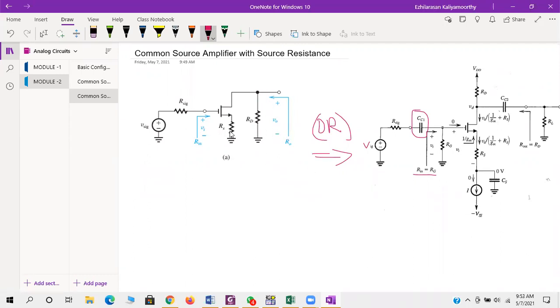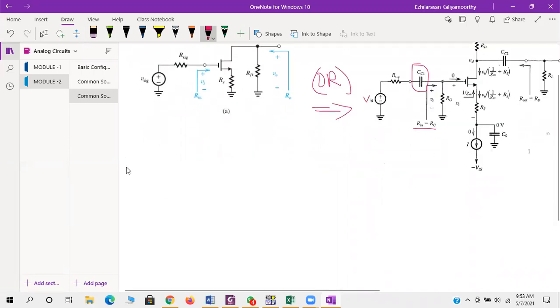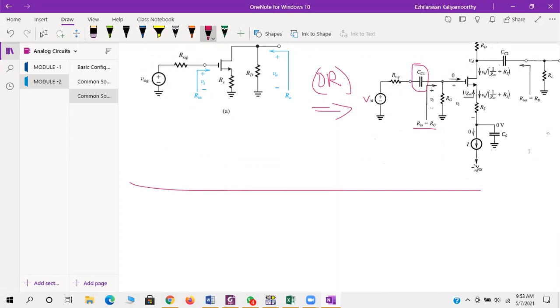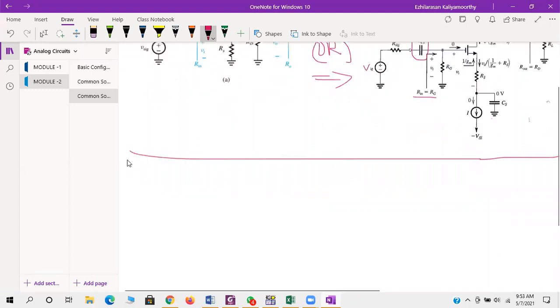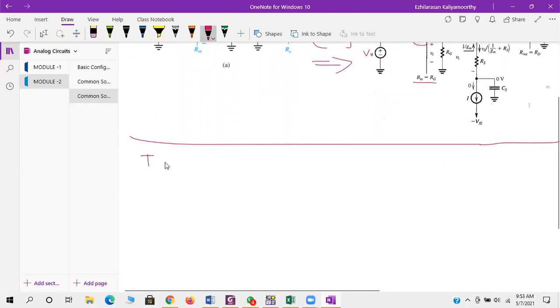Now what we will do from this figure, a very important thing here: earlier we studied the hybrid pi model, right? Now there is one more type of model, called the T model.